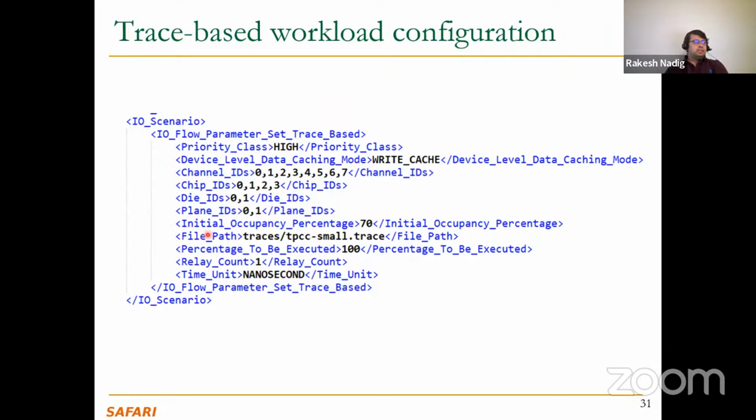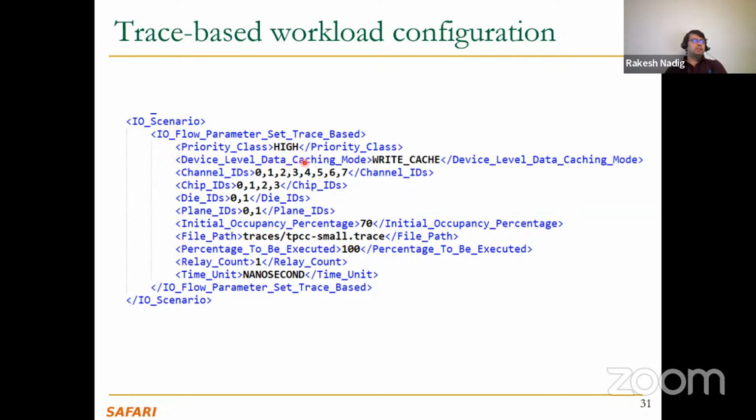And then we have the initial occupancy percentage, which defines how much of the device is already occupied with data. The file path defines the trace file, which is used for generating the requests. Then what percentage of the trace needs to be executed, and the time unit, whether it's nanoseconds, microseconds, or milliseconds, can be defined here.